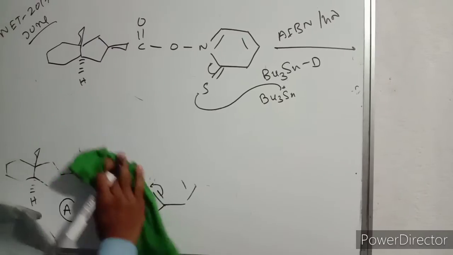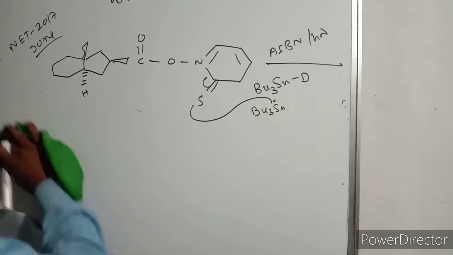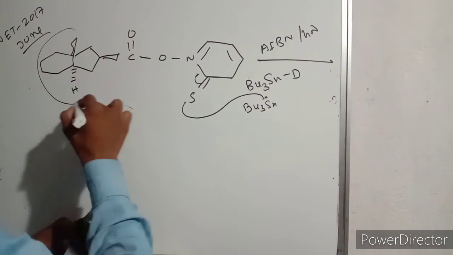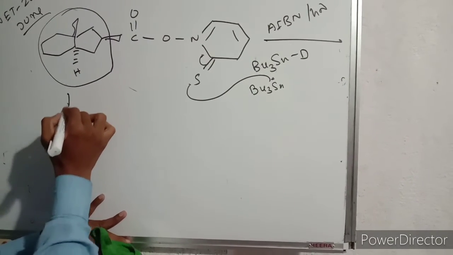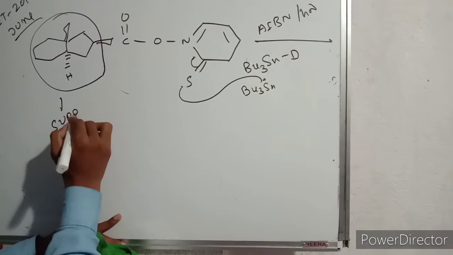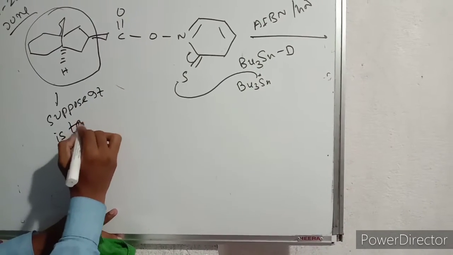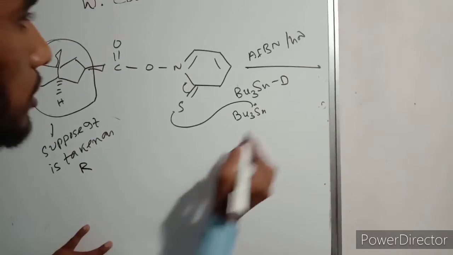We get this. Suppose this group is taken as R because it is a bulkier group.